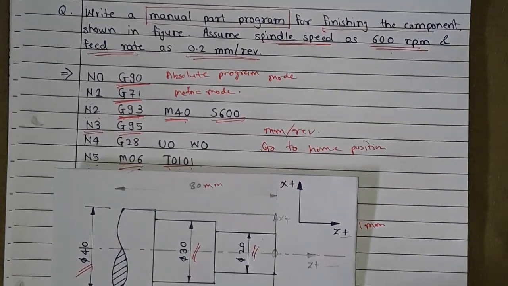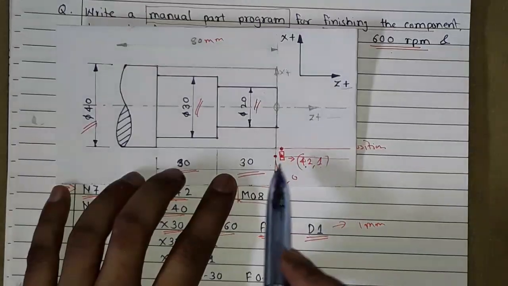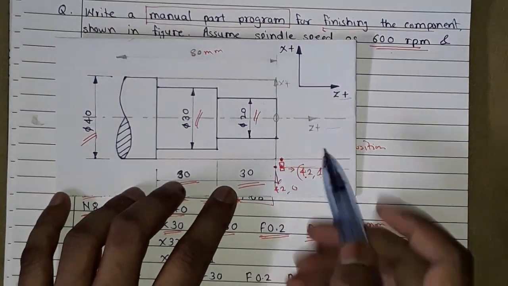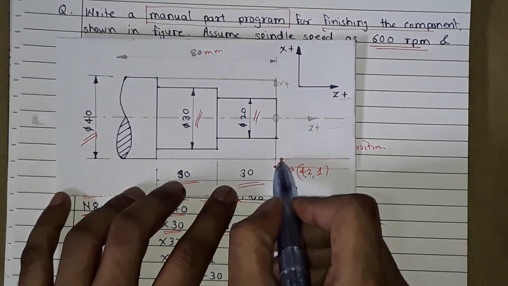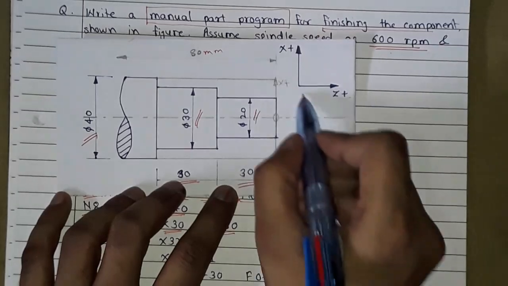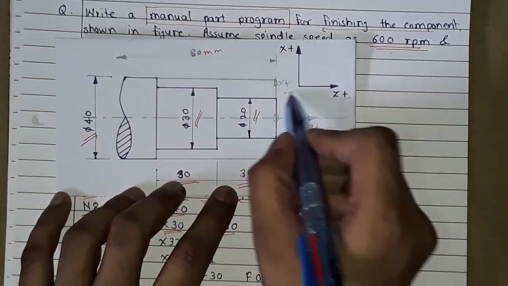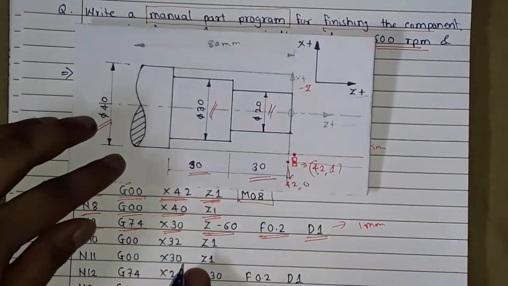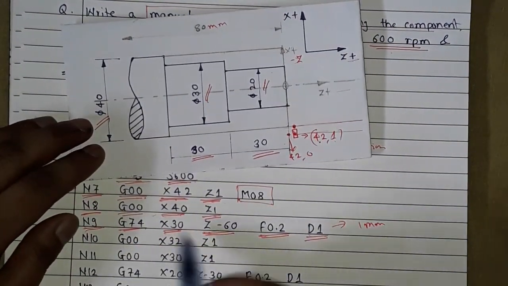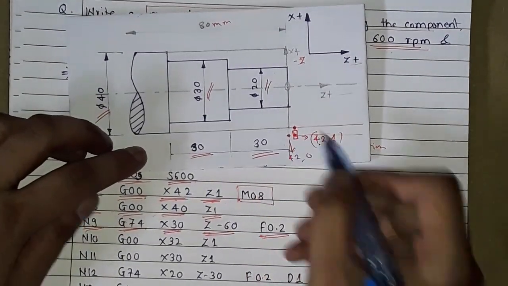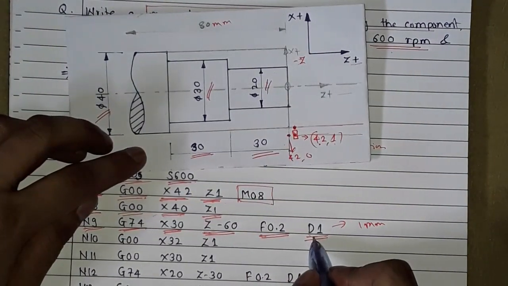So minus 60 means, friends, the tool will move from this position to this, that is in the leftward direction, so Z will be minus. Here we have X30. Now the tool will move at a depth of 1 mm.